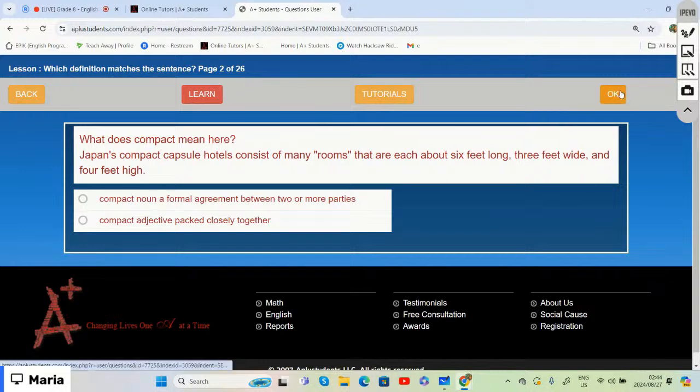All right, it says, what does compact mean here? Compact. It says Japan's compact capsule hotels consist of many rooms that are each about 6 feet long, 3 feet wide, and 4 feet high. Does compact mean a formal agreement between two or more parties, or does compact mean packed closely together?